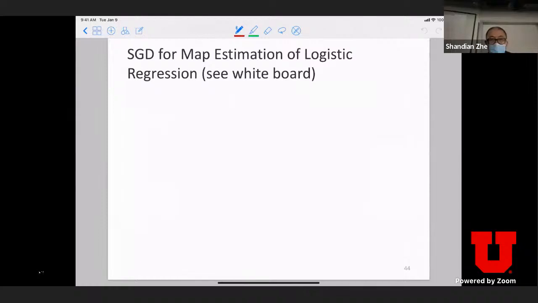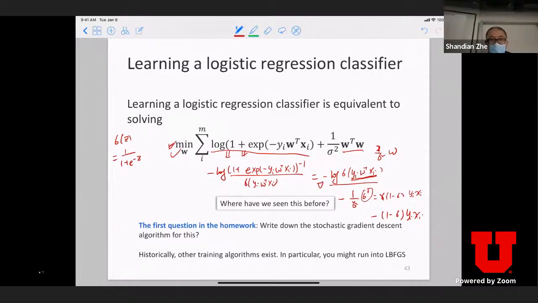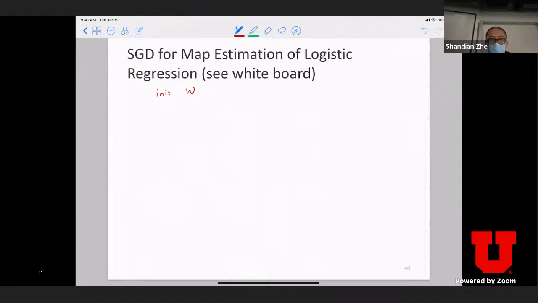First, you initialize your W. You can initialize it with 0 if you like, or any other random numbers. Don't worry, because the objective function here is convex. Unlike in neural networks, where we don't recommend initializing with 0, for logistic regression and SVM it is okay.